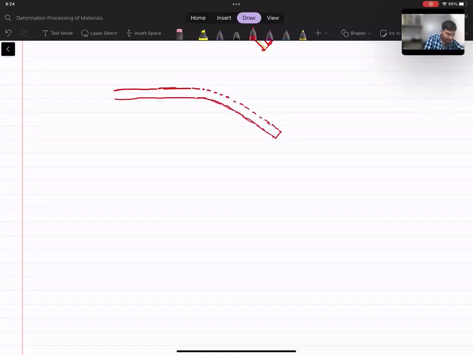Like this. And in order to achieve this, we will need to bend it a little more. Okay, so let me represent that by dotted curves. In order to achieve this, we need to bend this material like this.